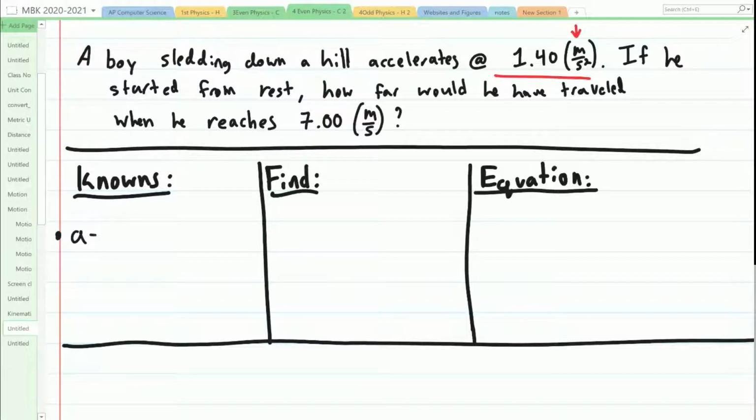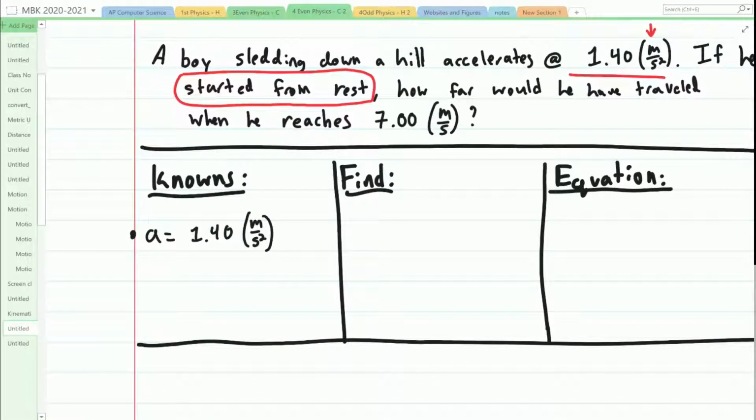So I'm going to have my acceleration equals 1.4 meters over seconds squared. Then if he starts from rest, and remember, anytime I see the word rest, that clues us into something about our velocity. So if I start from rest, that's indicating that our initial velocity is equal to 0 meters per second.